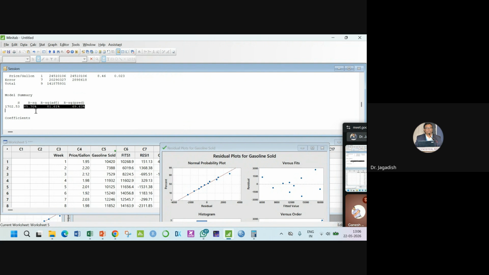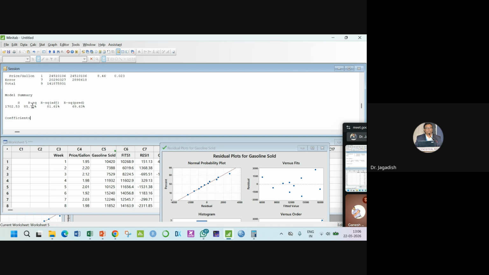Now the R square value is good, 85.70%. It is good enough to state that the model is reasonably accurate. If you had 92 and so on, it would be very high accuracy, but accuracy is 85% here, and adjusted R square is also 81.